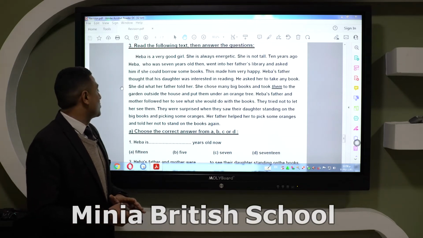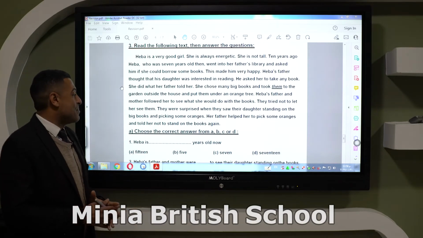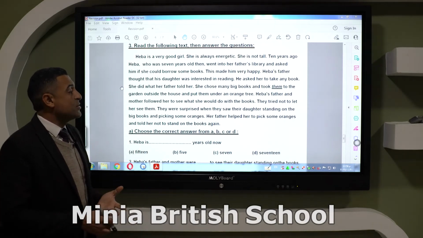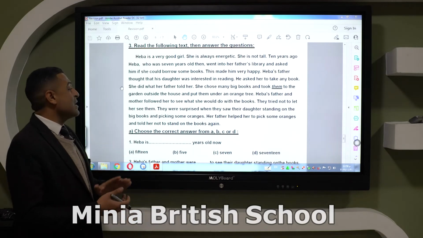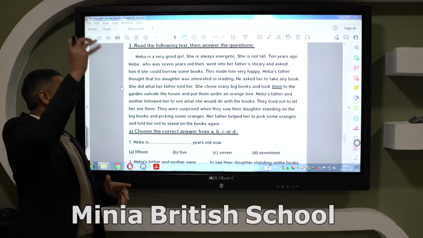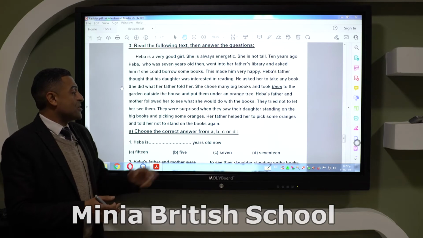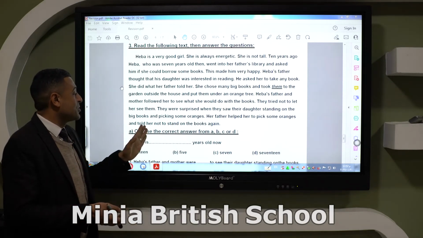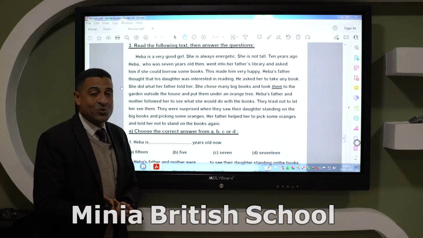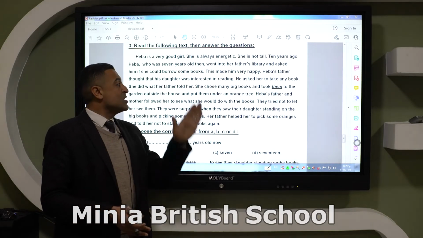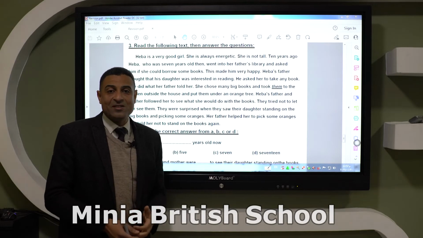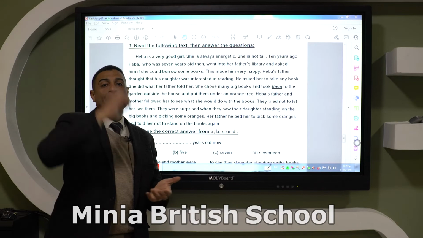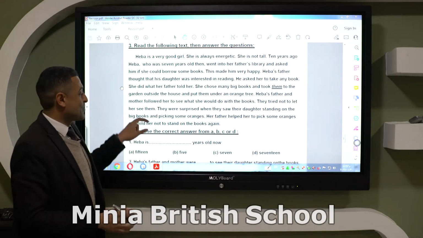They tried not to let her see them. They were surprised when they saw their daughter standing on the big books and picking some oranges. Her father helped her to pick some oranges and told her not to stand on the books again. So she took the books from the library not to read them, but she used some big books to stand over them and pick some oranges from the tree.